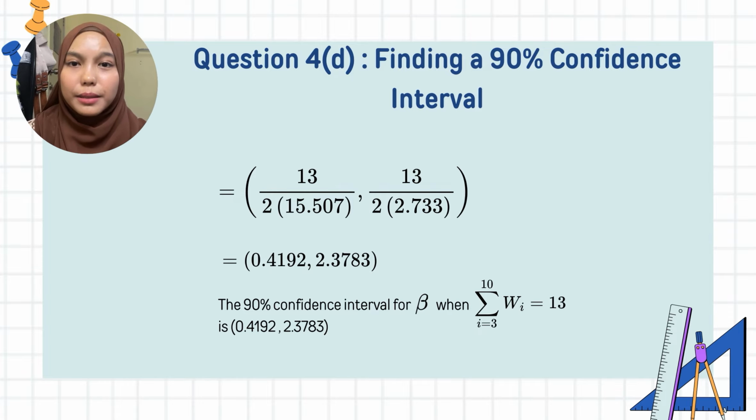Therefore, the 90% confidence interval for beta is from 0.4192 to 2.3783. This means that we are 90% confident that the true value of beta lies between 0.4192 and 2.3783. This interval provides a reasonable estimate of the unknown parameter based on the sample information and the chi-square distribution.